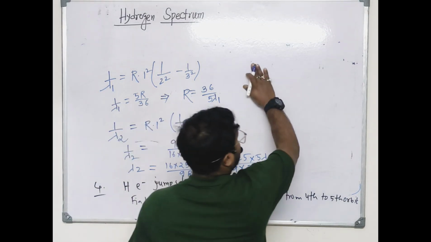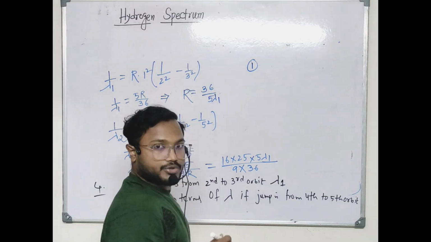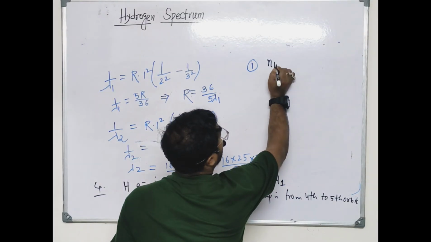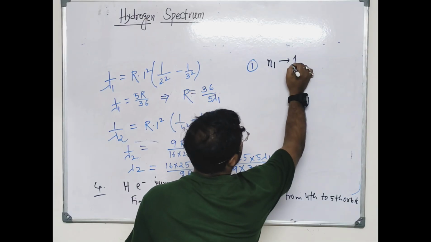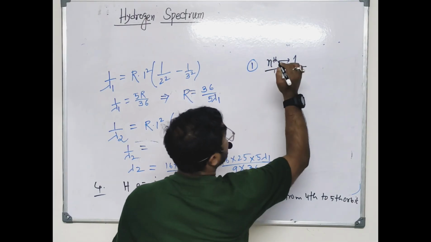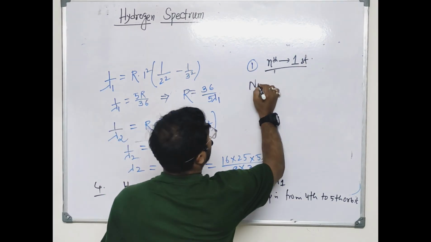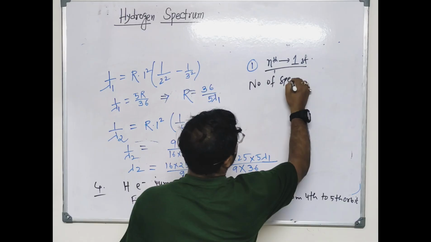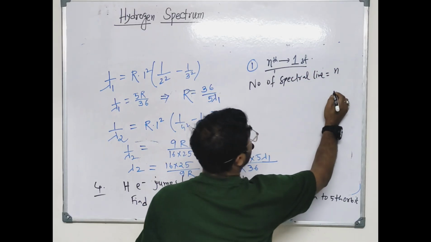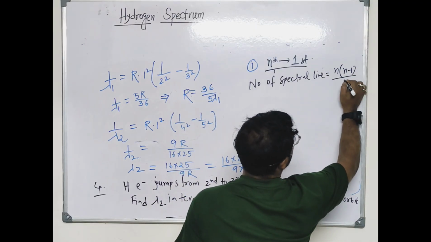There are some more terms. For example, the first variety of questions. Any electron jumps from nth orbit to the first orbit. What will happen? The number of spectral lines in this case is n into n minus 1 by 2.